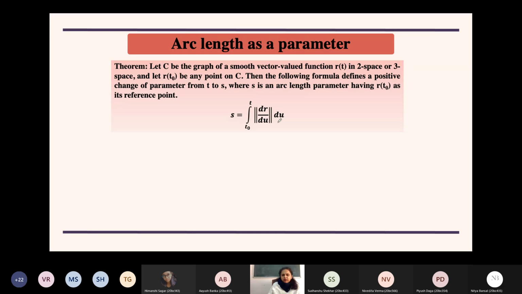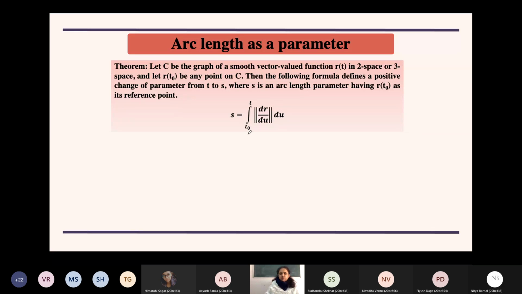So I'm going to integrate the arc length formula from t0 to t. Here, in place of t, u has been used, or you can use some other variable, because we already have this t here. Just to avoid the confusion, we are taking some other variable. So instead of t, I've taken u. But it is the same formula, the norm of dr/dt, integrated with respect to t.